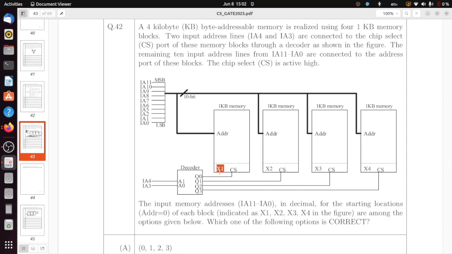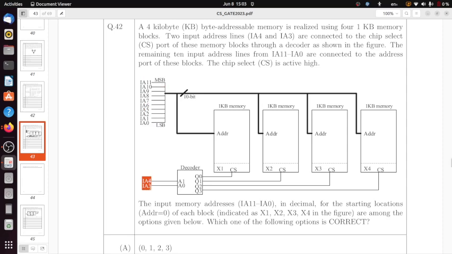The input memory address is 12 bits in total. The 10 bits for the starting location will be 0 for every block. Only the bit positions for input address lines 3 and 4 will vary.